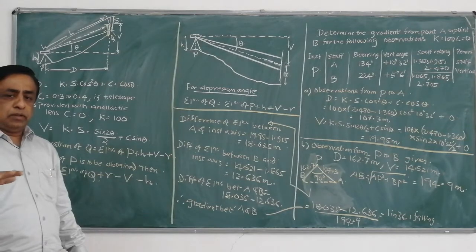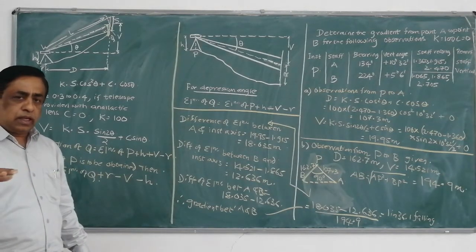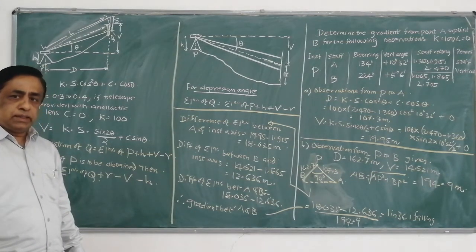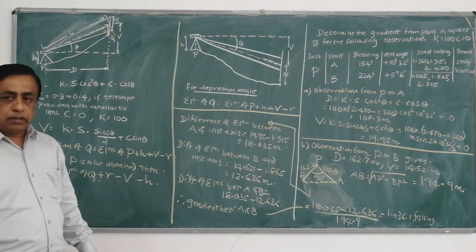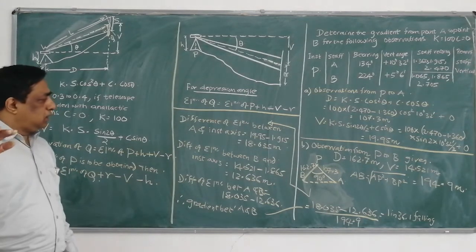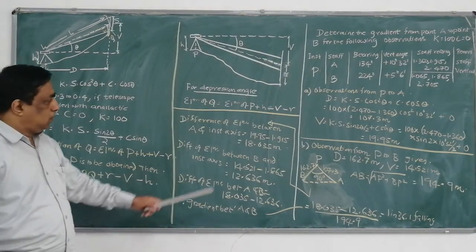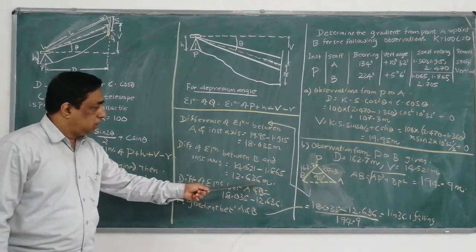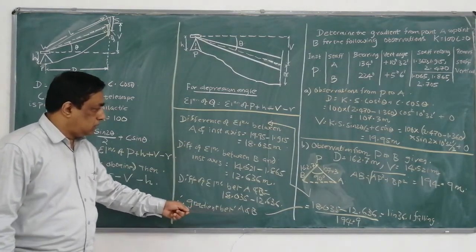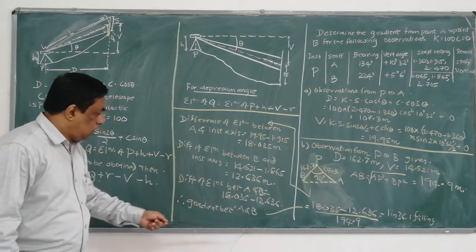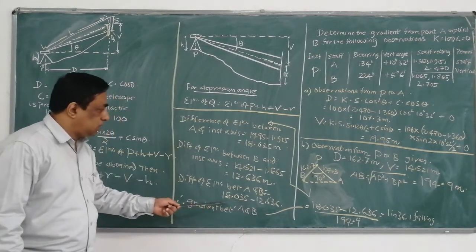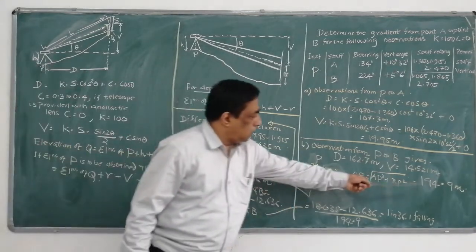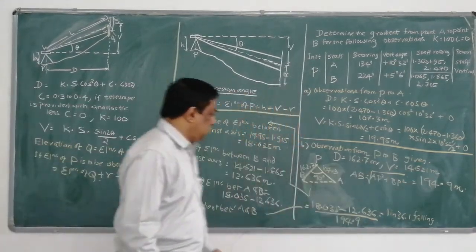We have got the difference in elevation between the instrument horizontal axis and point A, and between the instrument horizontal axis and point B. Therefore, the difference in elevation between A and B is 18.035 minus 12.636, and that is for a total distance of 194.9 meters.